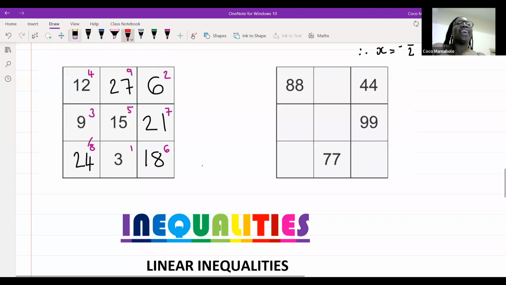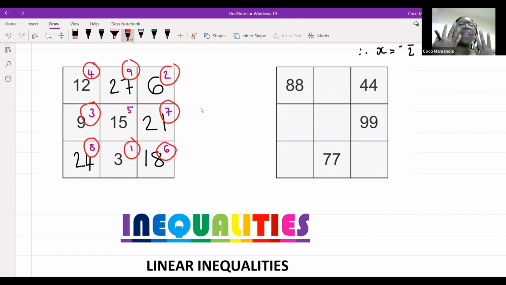Then they figured out that the numbers in the diagonals and at top, bottom, and left, right of the middle always add up to 10. So 4 plus 6 is 10, and 8 plus 2 is 10, and 1 plus 9 is 10, and 3 plus 7 is 10. I was so impressed.